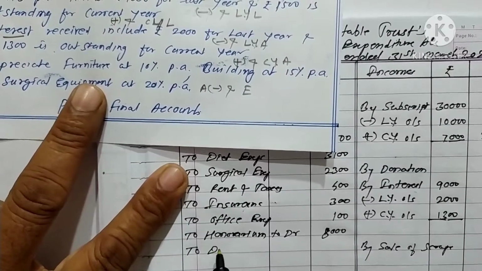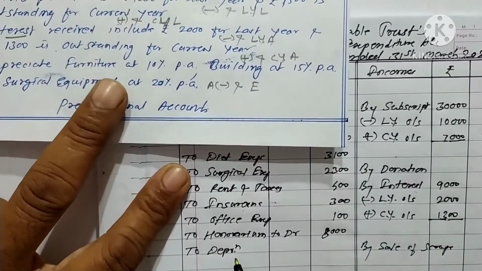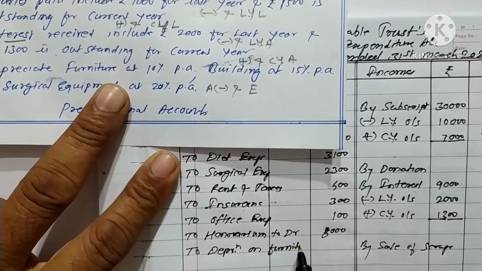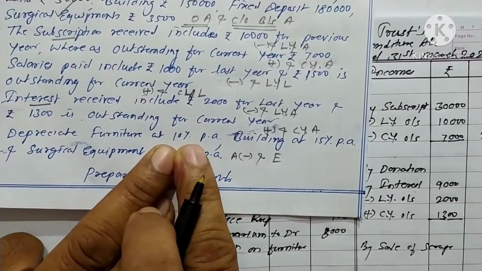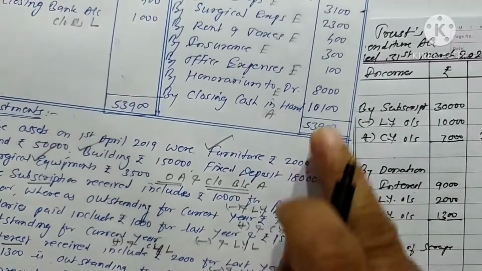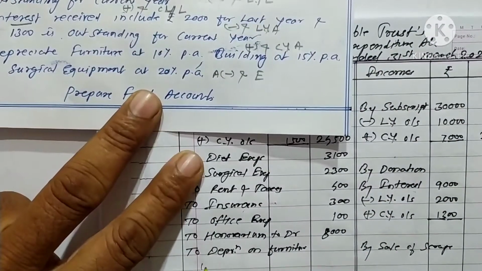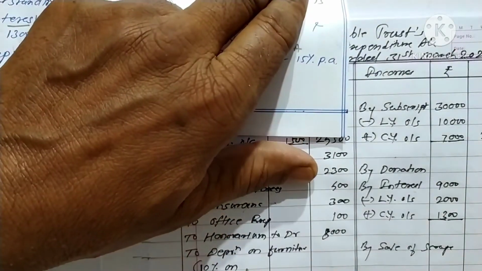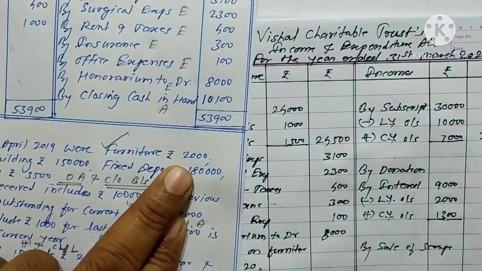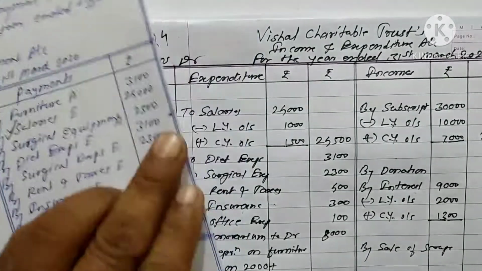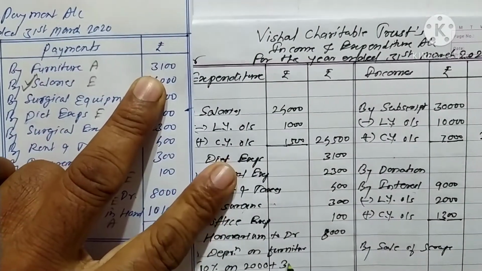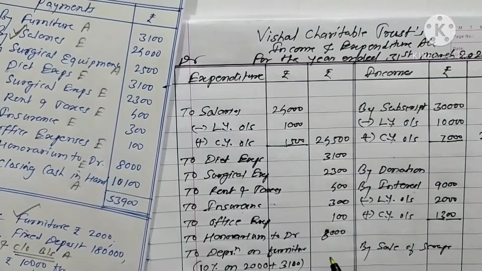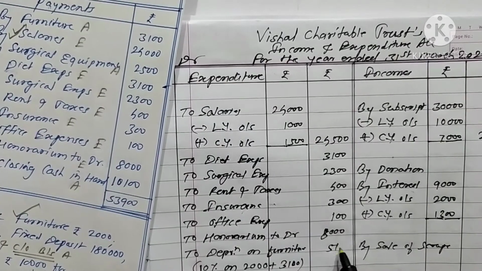Here, to depreciation on furniture, we calculate 10% on furniture 2,000 plus 3,100. Now total 5,100, 10% comes 510.